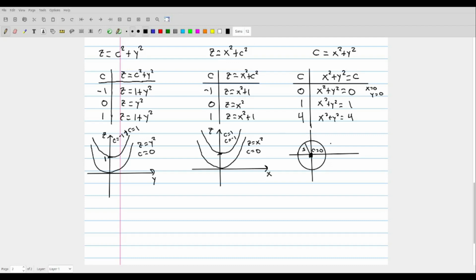Right, and that corresponds to c equals 1. And then the circle of radius 2 corresponds to c equals 2.